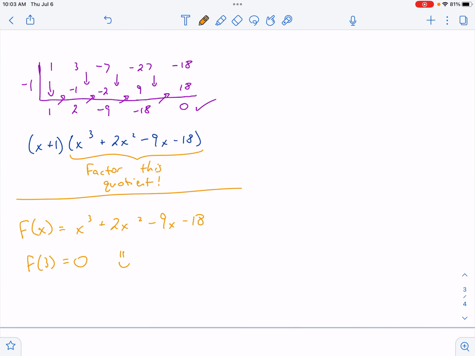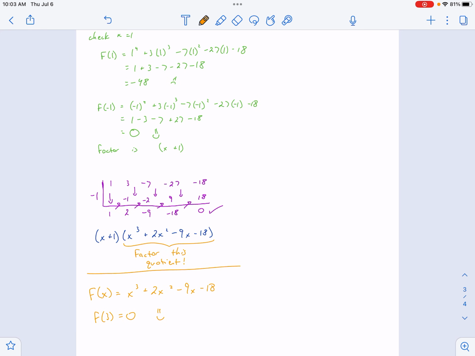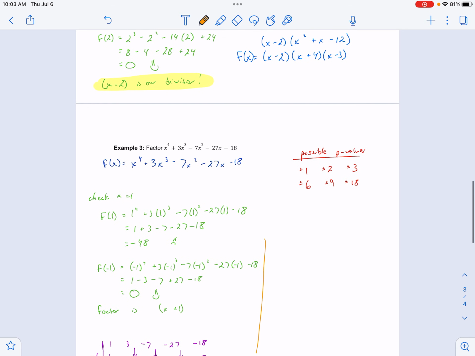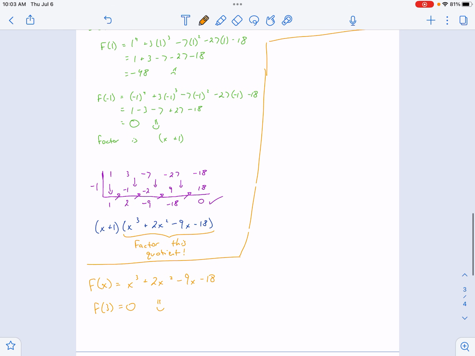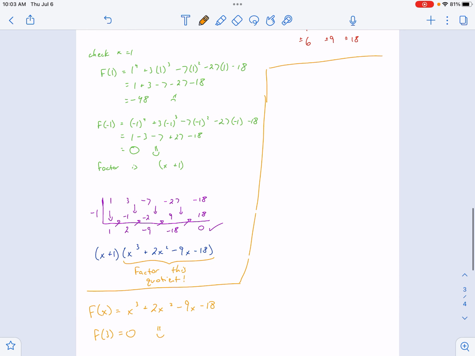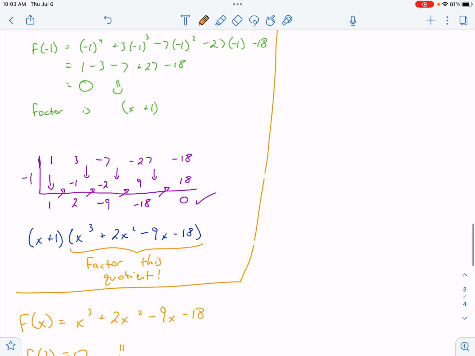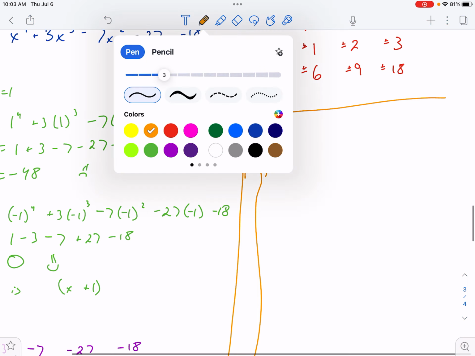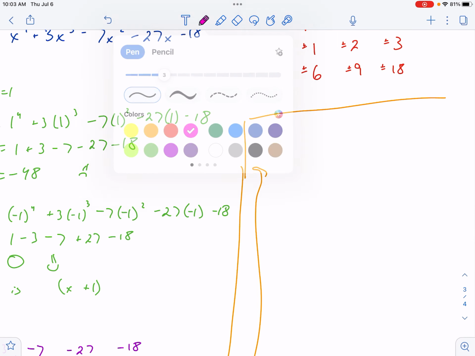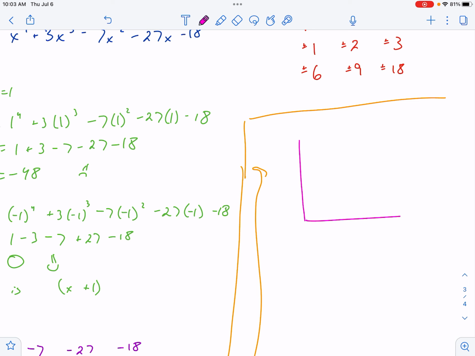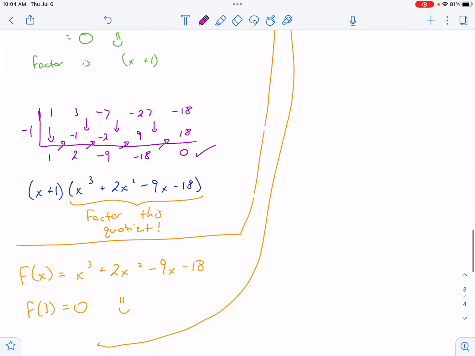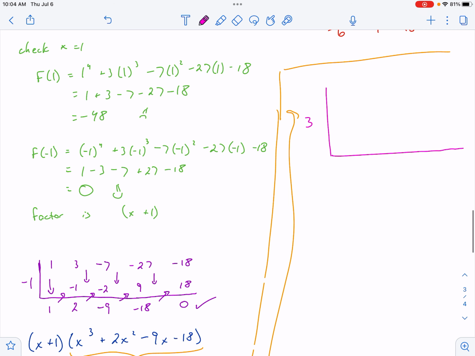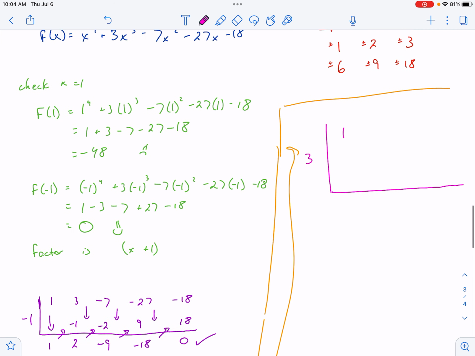Okay, so let's go, and I'm going to section off my work here. And let's actually do our division once again. Come on over here. And I'll set it up, do this in pink. So 3 was the factor, or the divisor, and I had a 1, a 2, -9, and -18.